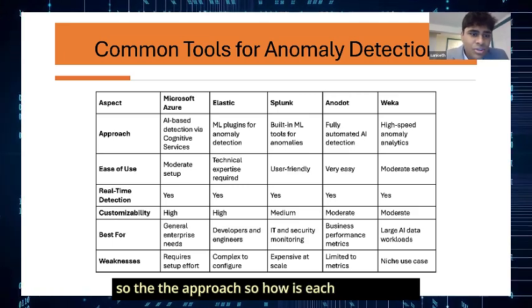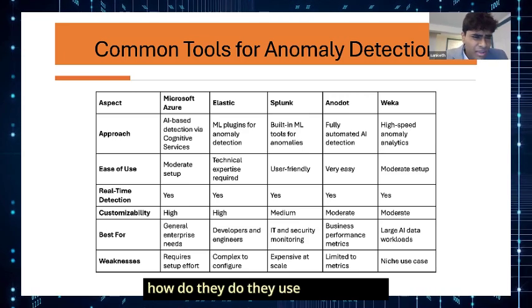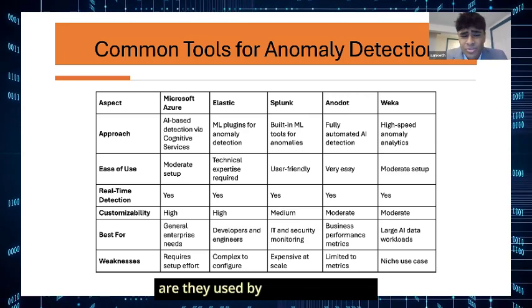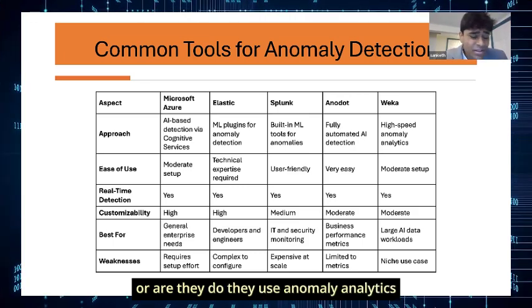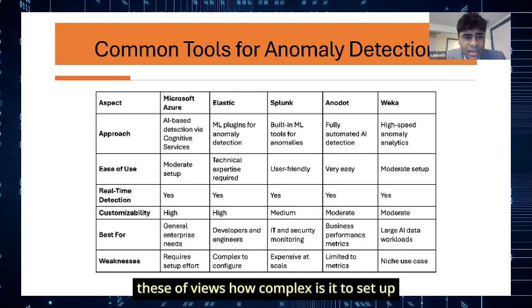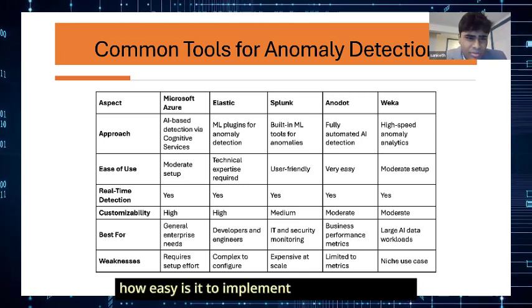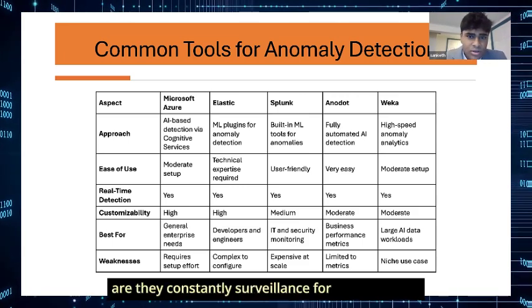How is each tool used? How do they use AI? Are they used by machine learning? Or do they use anomaly analytics? Ease of use. How complex is it to set up? How easy is it to implement? Real-time detection. Are they constantly surveilling for anomalies?